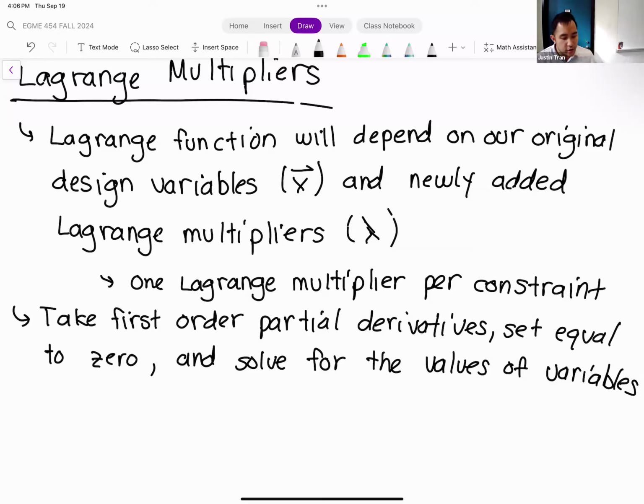And whatever value that you get for the variables from that system, that's going to be either a max or a min, or worst case it's going to be a saddle point. Okay. So that's all there is to it. The only thing that's really new is just adding these Lagrange multiplier terms. But besides that, we're still kind of following the same method as before. All right, any questions on this before we jump into an example?